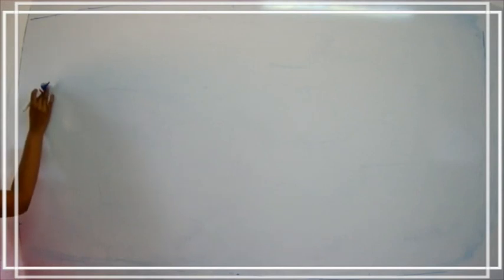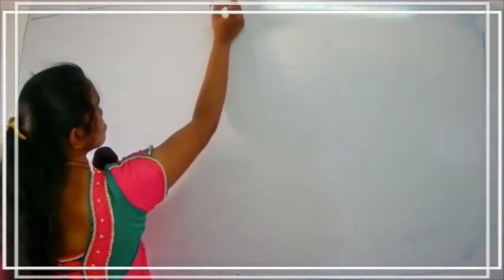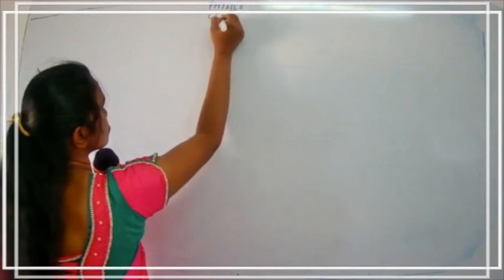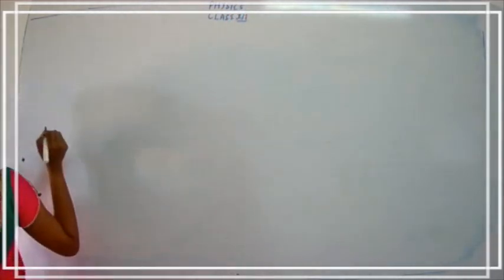First of all, the first derivation in this lesson is the magnetic field at a point along the axial line due to a magnetic dipole. Take your classwork note and write it down.